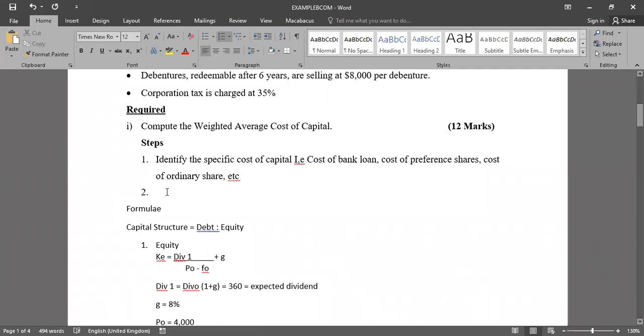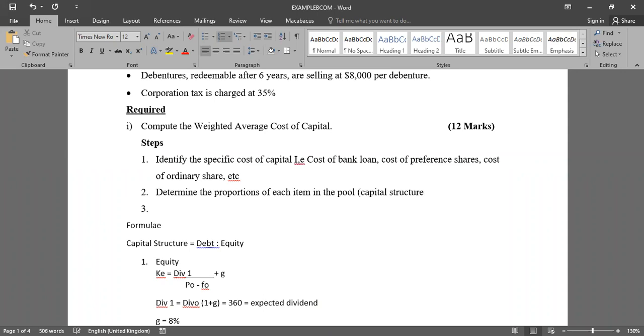The second step is you determine the proportions of each item in the pool, or the capital structure. What do I mean by that? You're going to see.